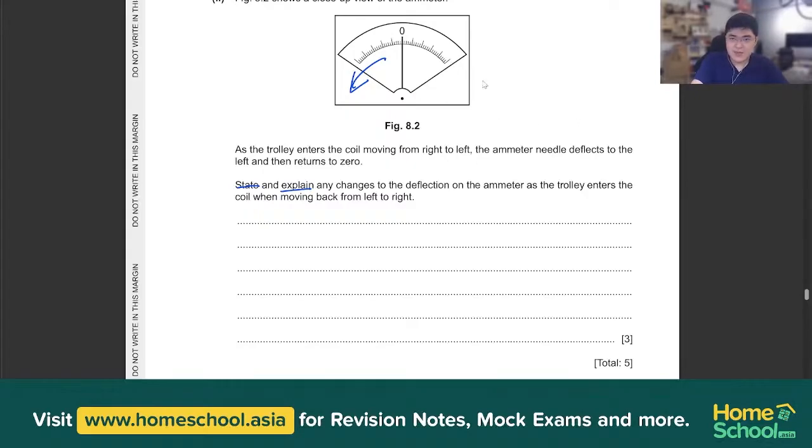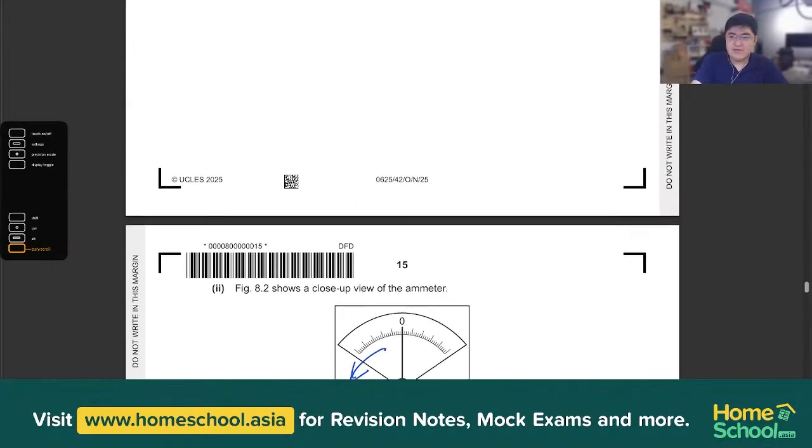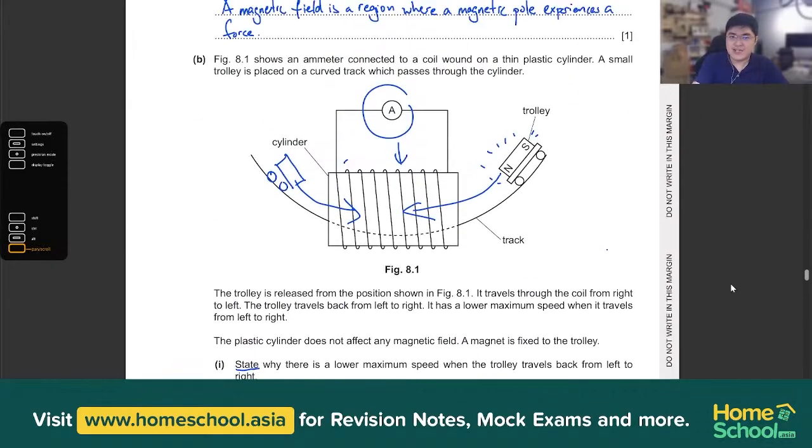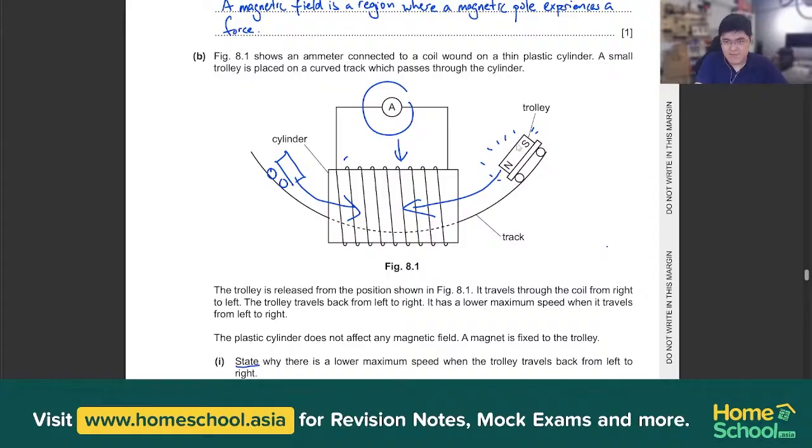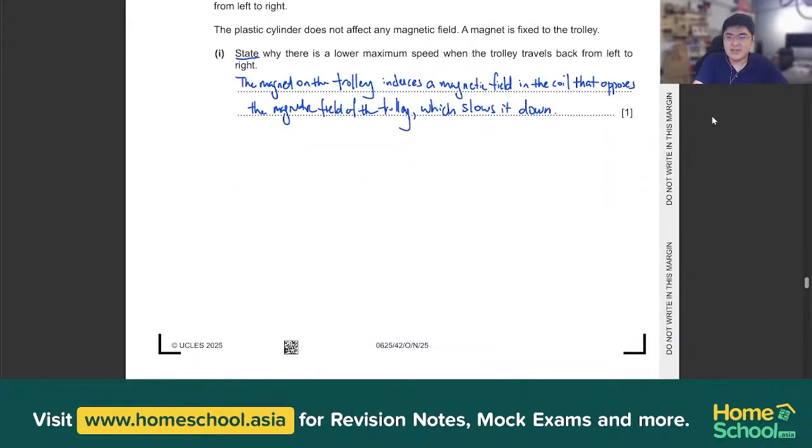This is because when the trolley moves from left to right, it has lower speed. So which means the current induced in here is lower compared to when it moves from right to left.